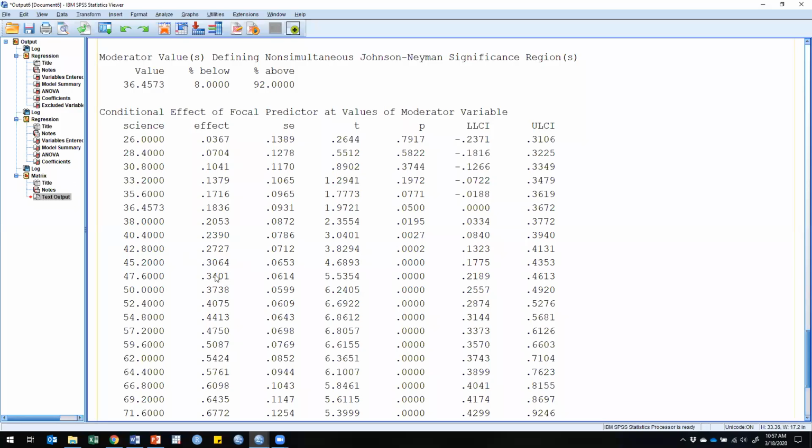So notice that the value here is the simple slope for writing when science score is 50. And you can notice how each one of these increases.